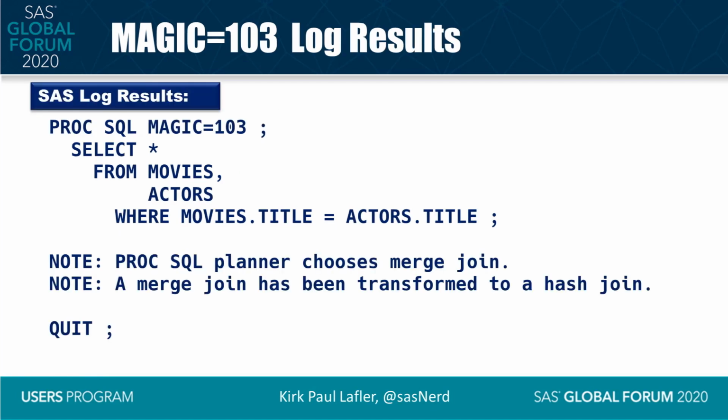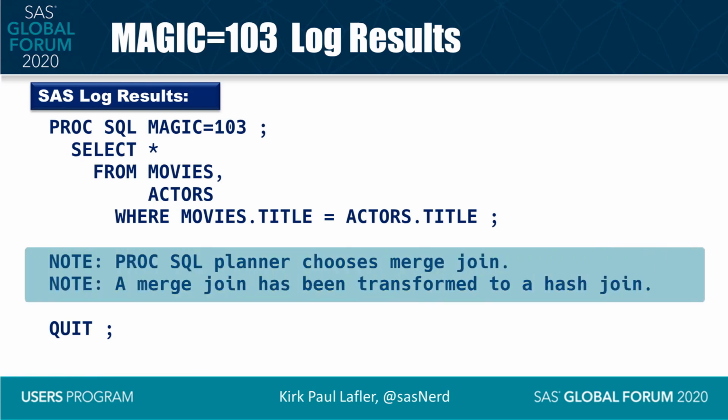Once the code is executed, we can look at the SAS log and see what the results might be. In this case, when specifying MAGIC equals 103, we're forcing the optimizer to choose a hash join. But the PROC SQL planner, by default, would have chosen the merge join. Because we forced the issue by specifying MAGIC equals 103, a merge join was transformed to a hash join.